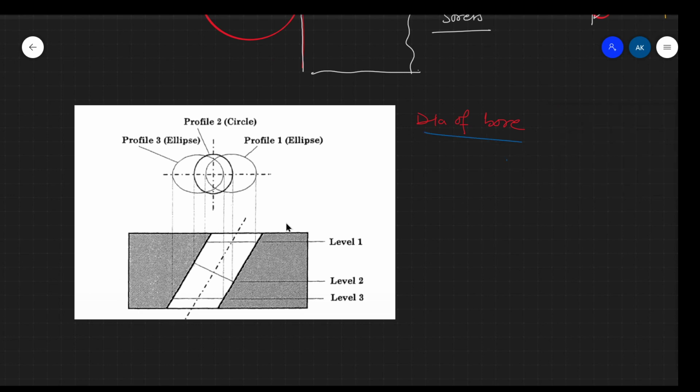This is the bore, okay? The dia of bore and the location of bore. And this has to be done by CMM. So how will it be done? Now you see very carefully that if our probe is touching at this point, like this, do you think it can tell you the radius of this bore or the dia of this bore? No. Why? Because here it will be an ellipse.